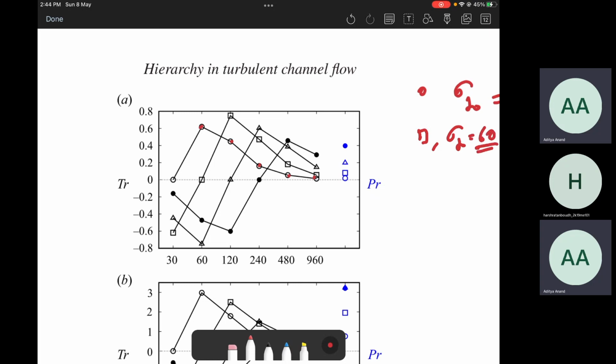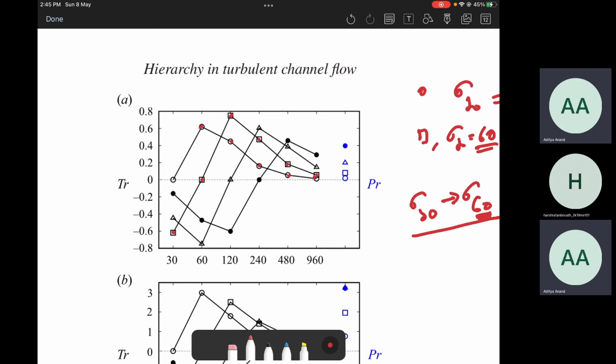So this is energy being transferred from structures of size 30 to size 60. As we know, the energy should be transferred on average from large to smaller scales, and this scale is obviously larger than this one. That's why we see a negative value here. Again, the transfer from 60 to 60 would be 0, and the transfer from 120 to 60 is some positive value, which again decreases as we go up in scale.